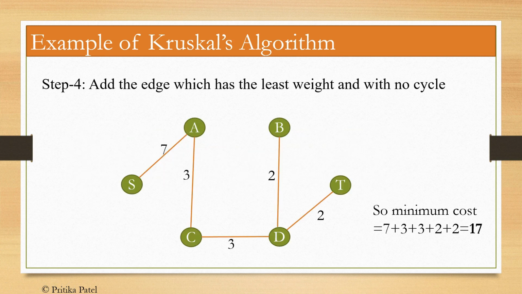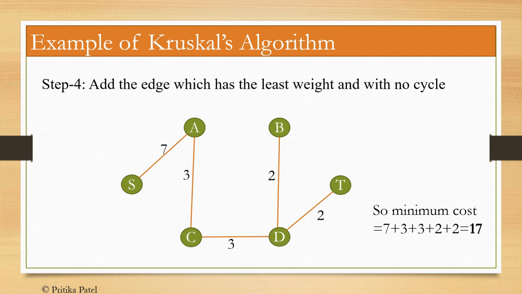Now step number 4. Add the edges which have the least weight and with no cycle, right? So here we will choose the edge having minimum weight 2, then minimum weight 3, right?